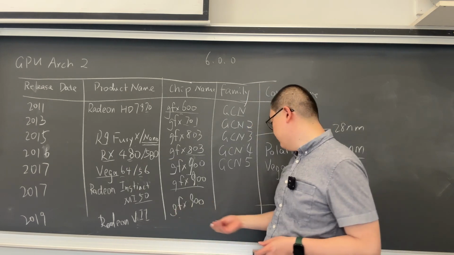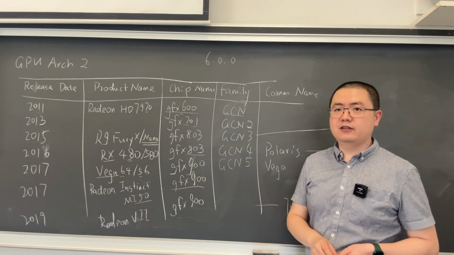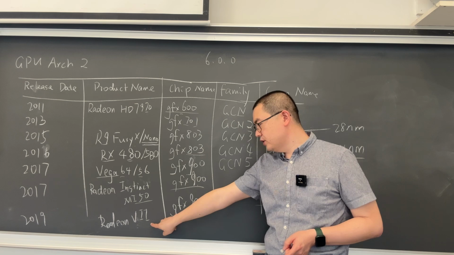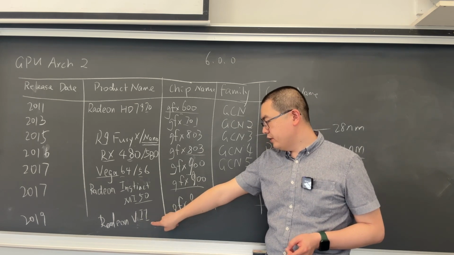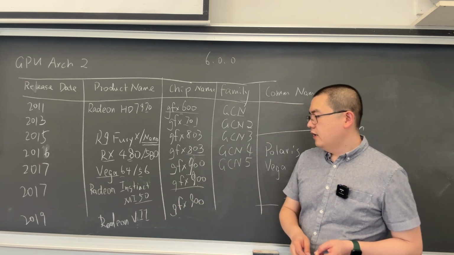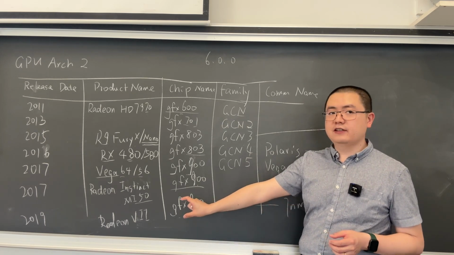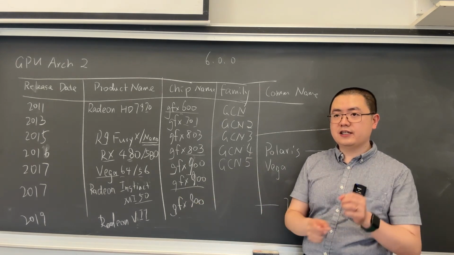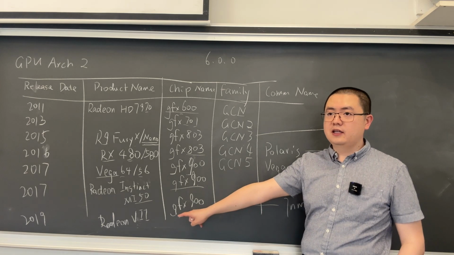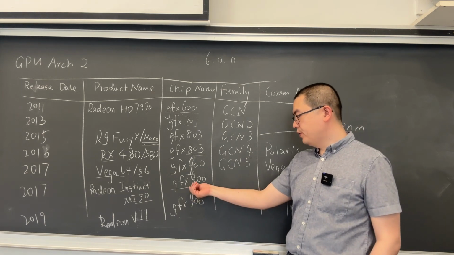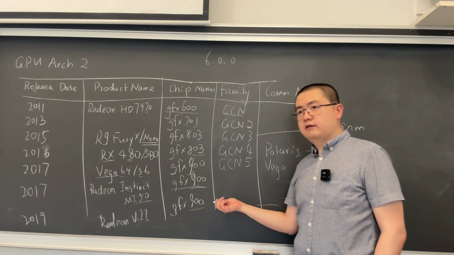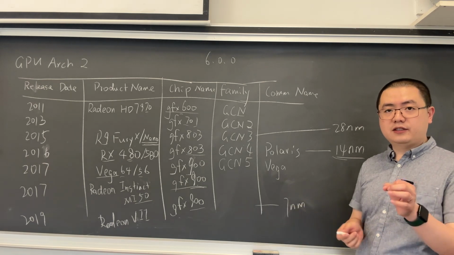It's called 7 because it's a 7 nanometer technology. And it's actually a solo GPU in this family. So it's a very weird position: if you know the die size, the chip is very small. That's because they're still producing the same chip, but using a new technology, making the chip really small.